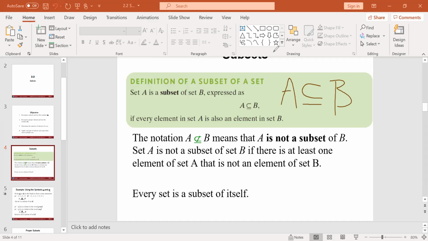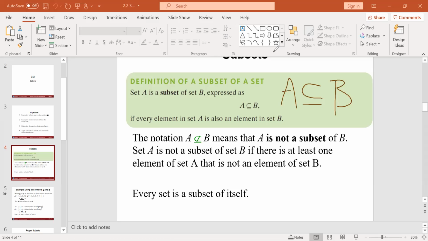Set A is a subset of set B if every element in set A is also found in set B. Wait a minute, doesn't that mean they're equal? No, it's just saying set A, think of it as the smaller set, from a larger pool.